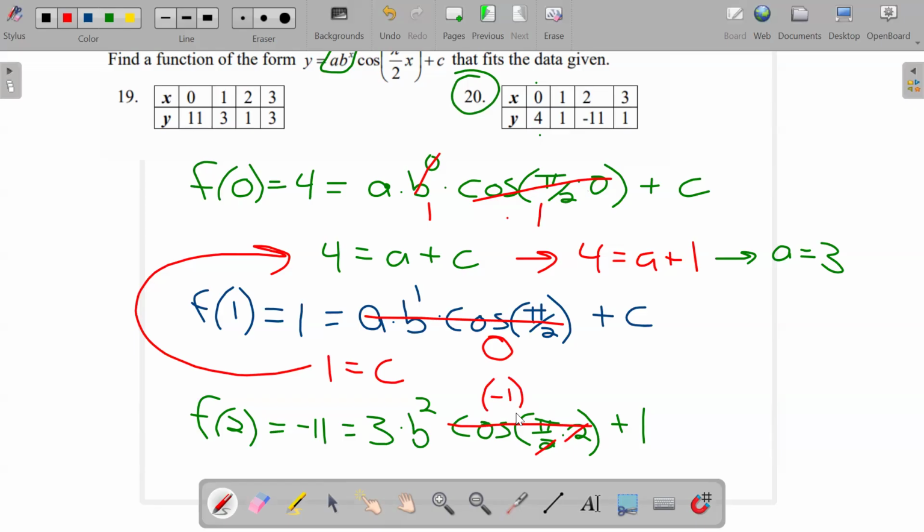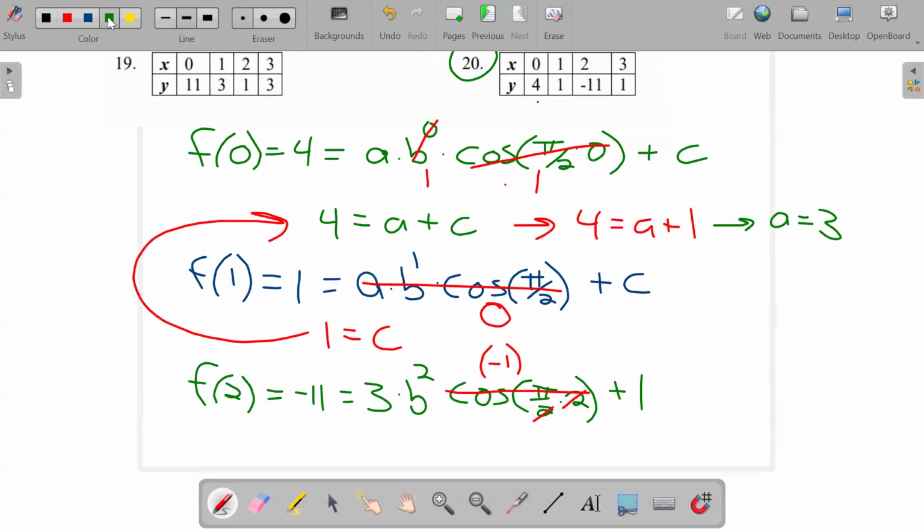Cleaning that up a little bit. We have negative 11 equals 3 times negative 1 times b squared. So negative 3b squared plus 1. And we can clean that up a little bit by, say, subtracting this 1 to the other side. So I'm going to write it as negative 3b squared equals negative 12.